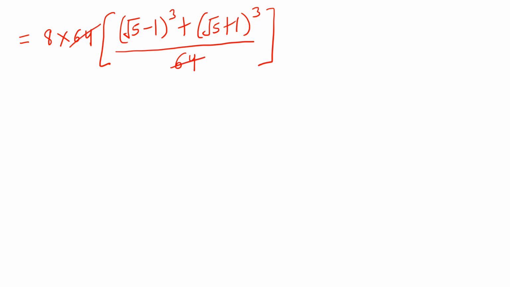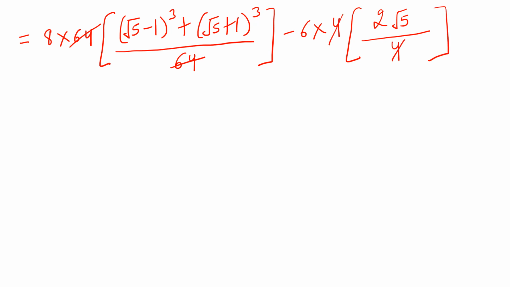And then we have minus 6 into 4 common outside, and inside the bracket we get root 5 plus 1 plus root 5 minus 1, and this becomes 2 root 5, and in the denominator we get (root 5 plus 1) into (root 5 minus 1), which is nothing but 4. So 4 also gets cancelled up and down.